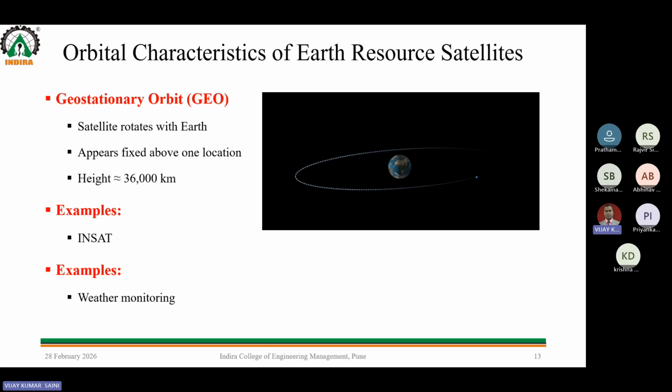Talking about this, I have given some examples in the classroom also. For example, if you are sitting in a bus or a train and you are traveling, and you see outside, it looks like you are going ahead and the things outside are going back, right?